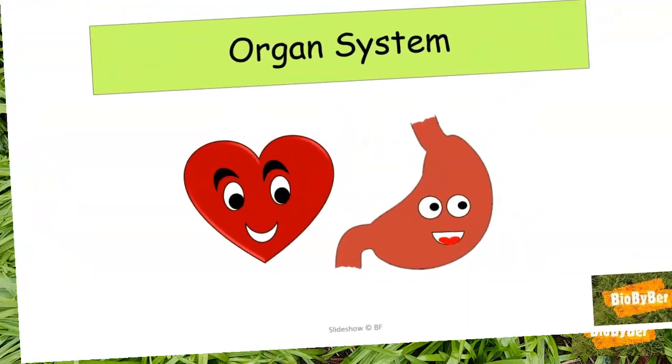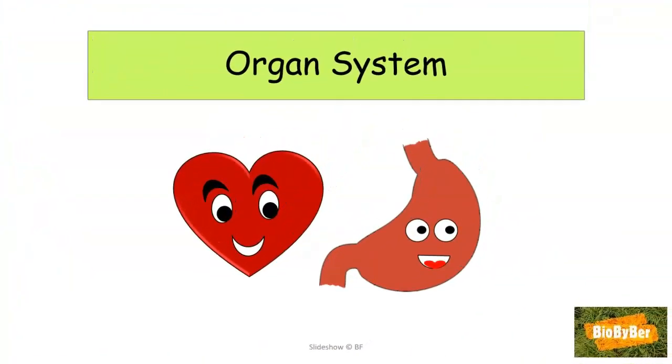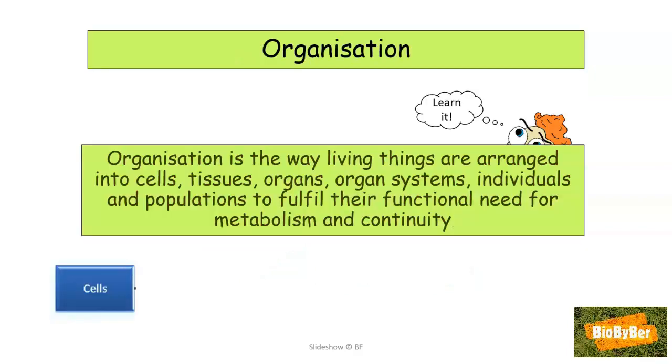Let's look at organ systems. Before we look at organ systems in detail, let's remind ourselves of the definition of organization. Organization is a characteristic of living things and is therefore an important definition.